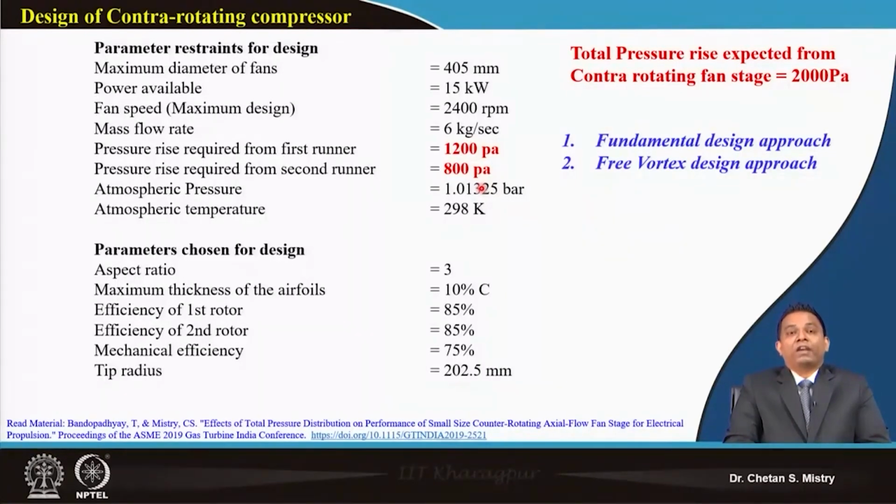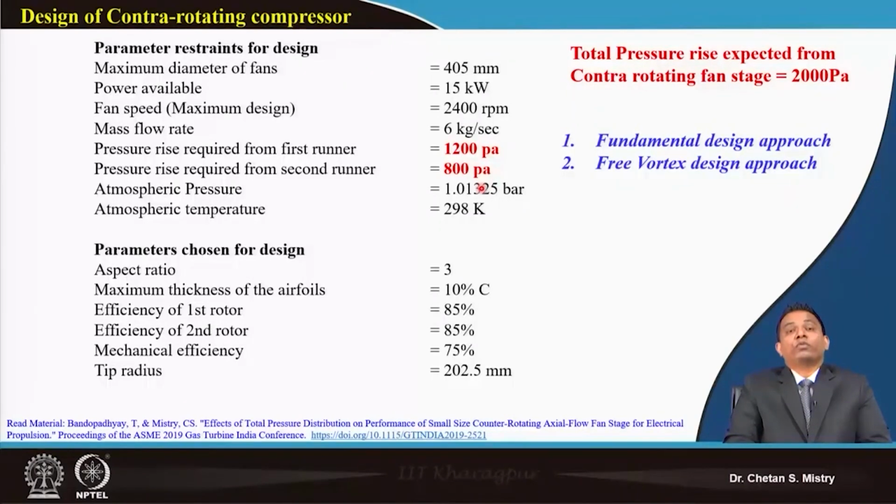For that design we explored what can be done in terms of distribution of aerodynamic loading, and it shows that a combination of higher loading towards rotor 1 gives the benefit, but later on it reduces the overall operating range.